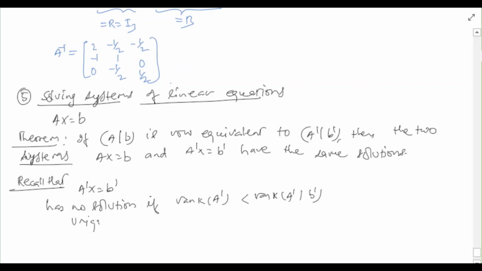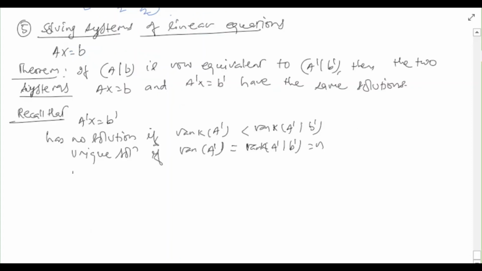Unique solution if rank of A prime is equal to rank of A prime B prime equals n, and it has infinitely many solutions if rank of A prime equals rank of A prime B prime, but it's less than n.